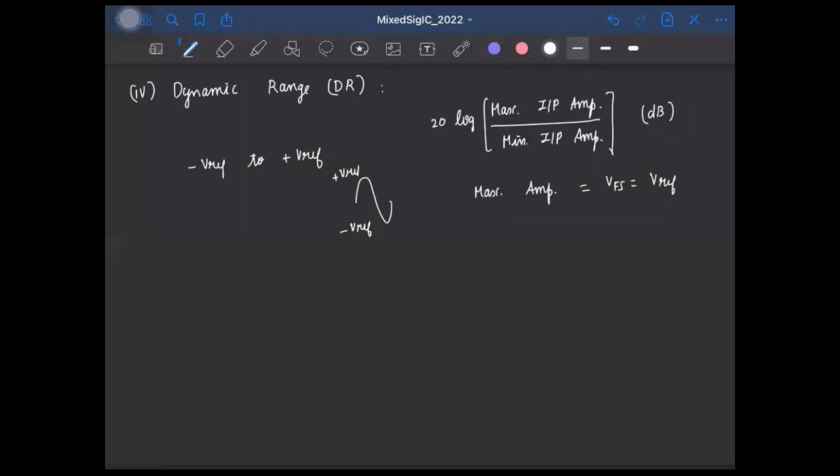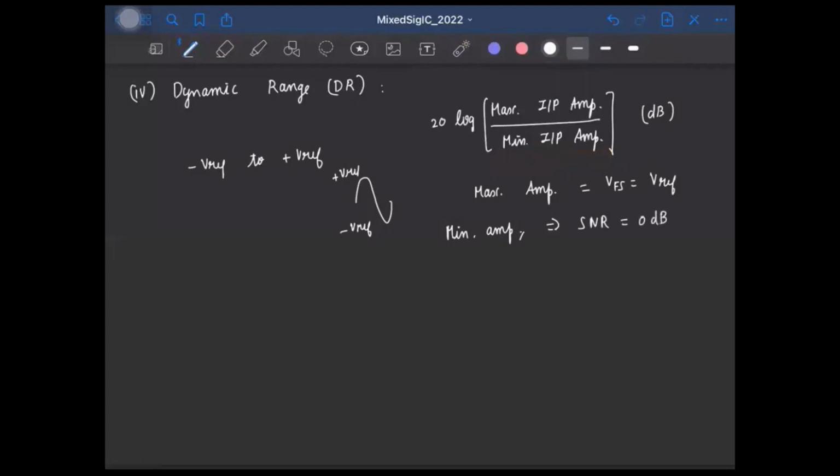So there are multiple ways in which you can define what is the minimum input amplitude, and the usual definition is that we say the input amplitude is the one at which we get an SNR of 0 dB.